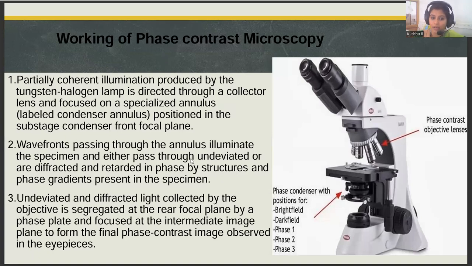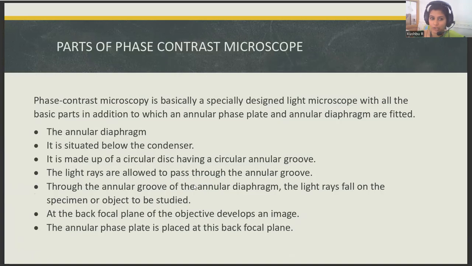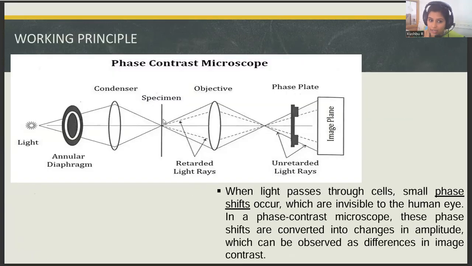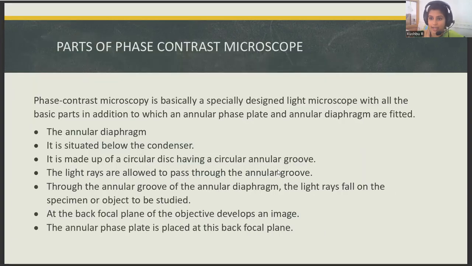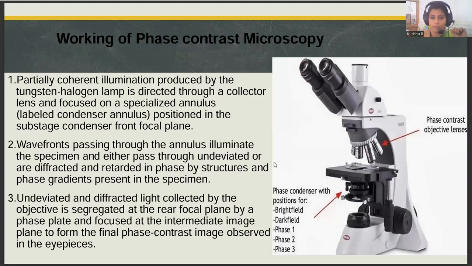It either passes through undeviated, or is diffracted or retarded in phase by the structures and the phase gradient present in the specimen. So two types of light are produced after hitting the specimen: retarded light rays and unretarded light rays.